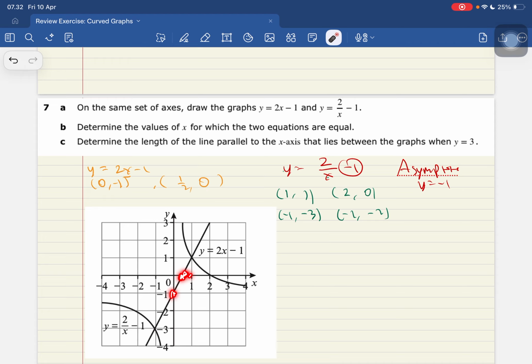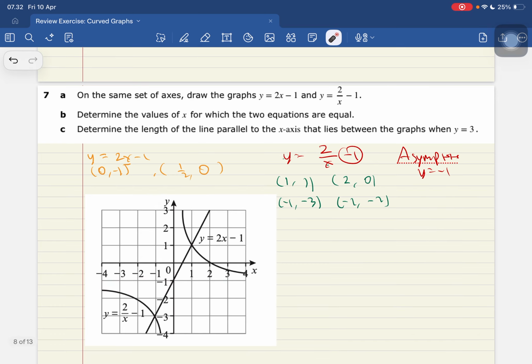Here are the two points. Next, the asymptote is y equals -1, so they will never touch the line y equals -1. Next, we have (1, 1). Next, (2, 0). Just draw the line, but never touch the line y equals -1. Same thing for the other point.